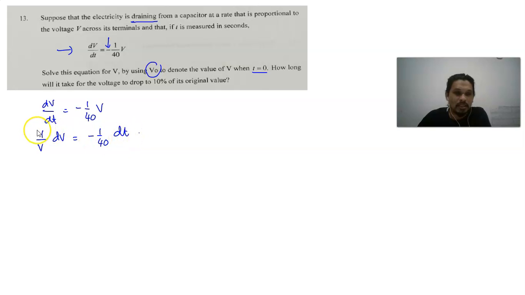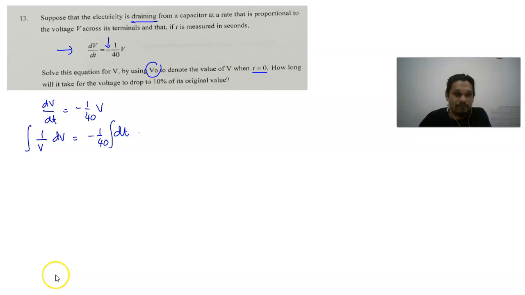So we are going to separate the variables and integrate left and right. I might also write down the symbol of integral here. Because this is a constant, it will affect nothing when we integrate.